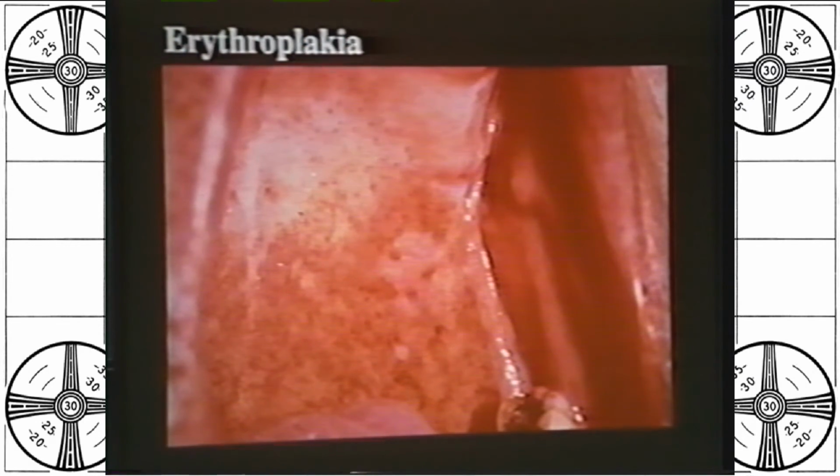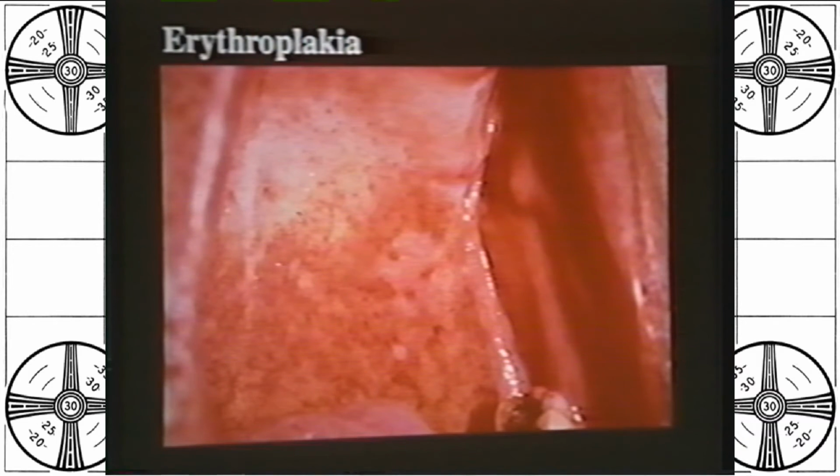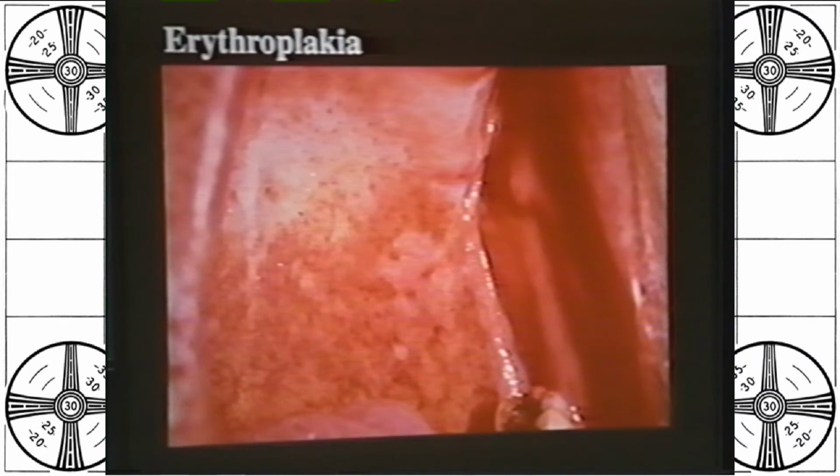Well, I'll say dissimilar. It's similar in that oral lesions present with the same sequence from mild, moderate to severe dysplasia, carcinoma in situ, and squamous cell carcinoma. However, in the cervix, these lesions progress much more slowly than they do in the oropharyngeal areas.